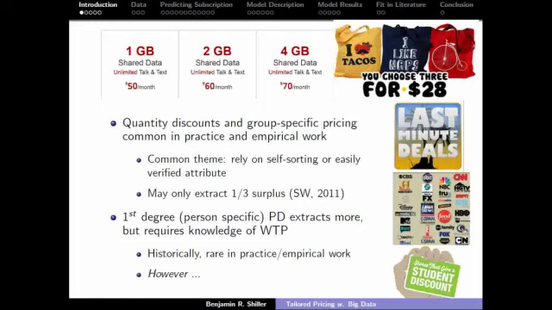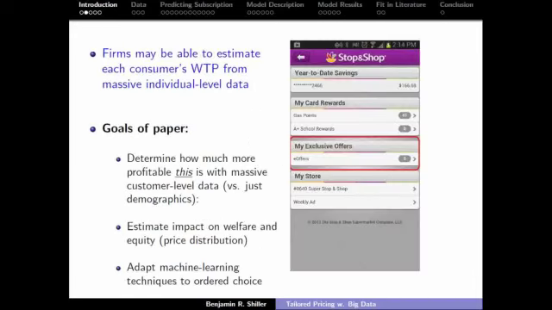While it's historically rare, the advent of big data, basically a large amount of data collected on individuals, could potentially reveal some information which could be used to glean their valuations, which might allow firms to do so. This is actually something I noticed after I started the project.